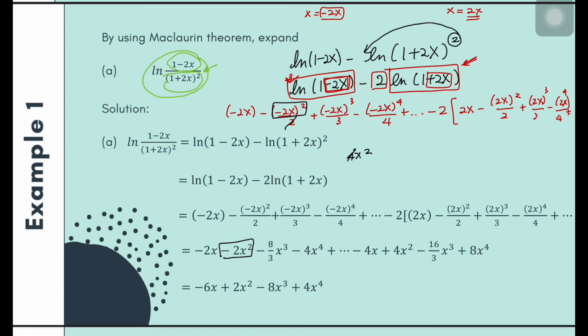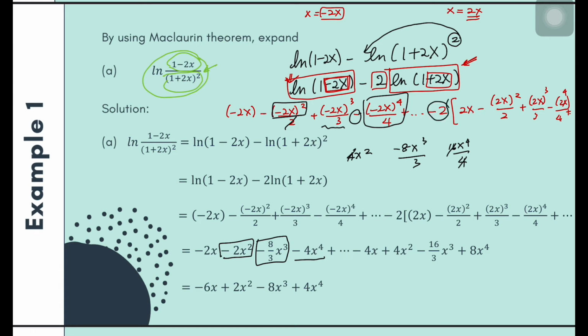Then negative 2x to the power of 3 will give you negative 8x to the power of 3 over 3, so you have your third term here. Then negative 2x to the power of 4 will give you 16x to the power of 4 over 4, so 16 over 4 is negative 4x to the power of 4. This one is for the first one.